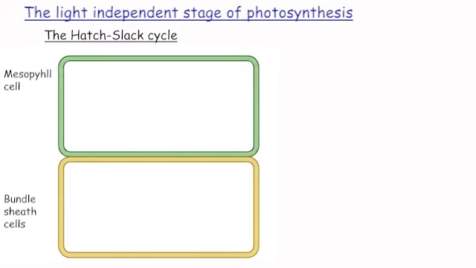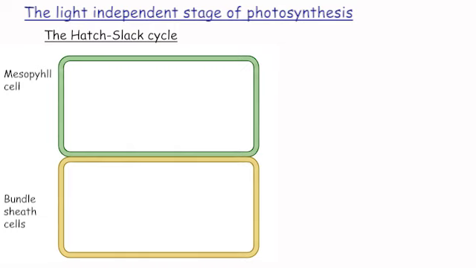Once in the bundle-sheath cells, the carbon dioxide is released again, and the C3 pathway, or the Calvin pathway, takes over. The Hatch-Slack pathway also has 3 main stages, which are carbon fixation, then the malate shunt, and the regeneration of the carbon acceptor.